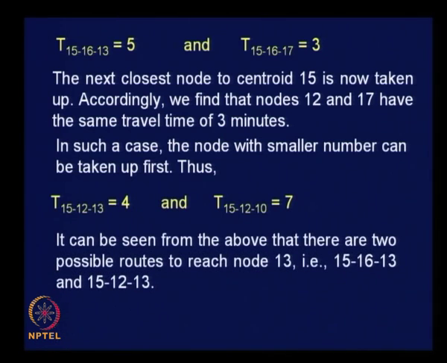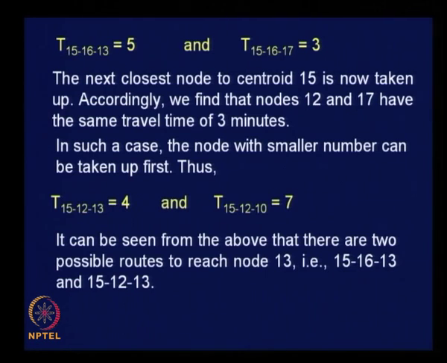It can be seen from the above that there are 2 possible routes to reach node 13. They are 15, 16, 13 and 15, 12, 13. So we can reach 13 by 2 alternative routes. Which route will you choose?